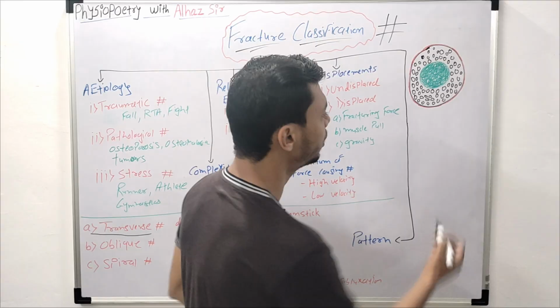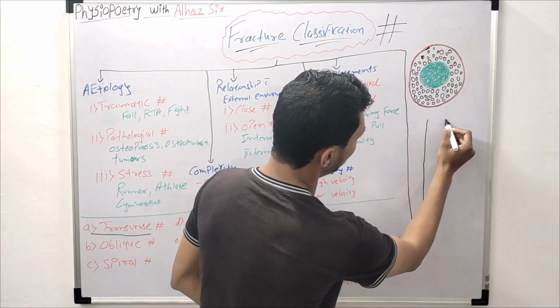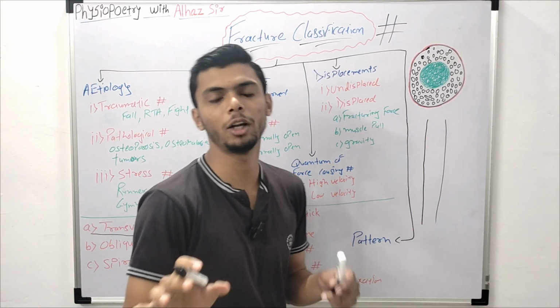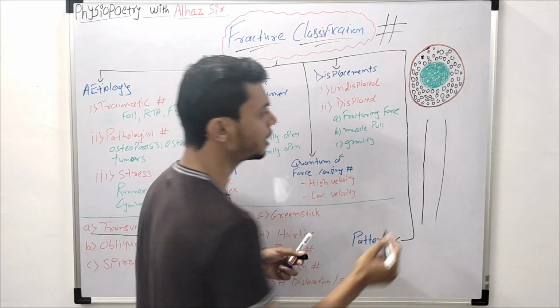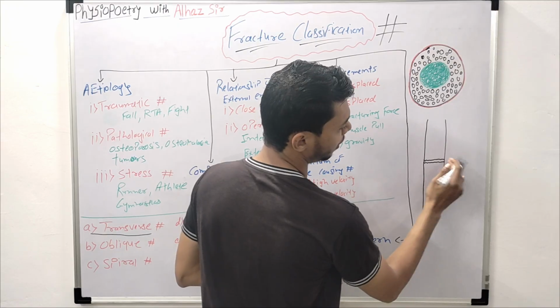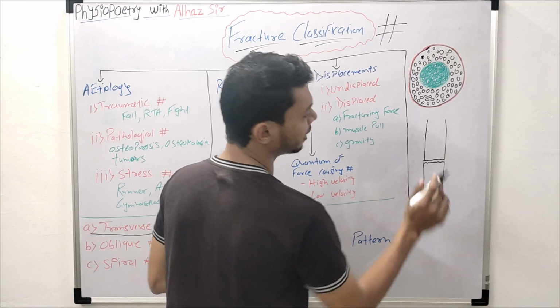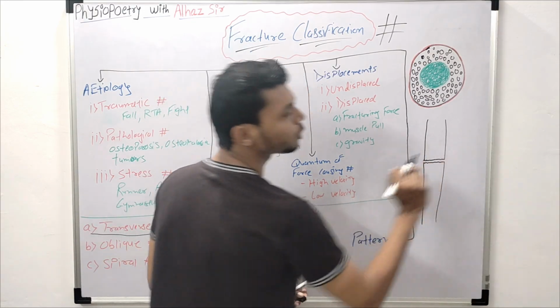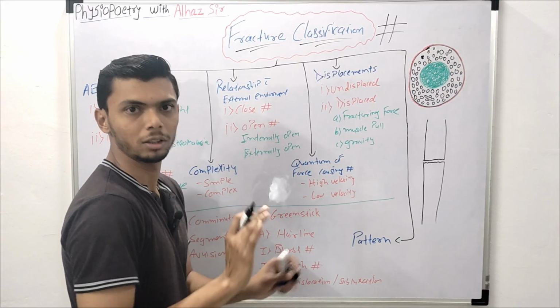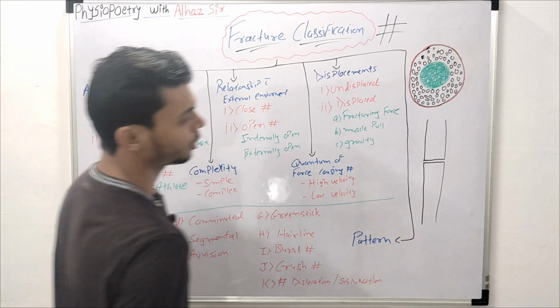What do you mean by transverse fracture? Imagine this is a bone. I'm demonstrating on a long bone so you can understand nicely. If the fracture has happened like this, it is a break in continuity. So if a fracture is like this, it's a transverse fracture. Simple. Now what do you mean by oblique fracture?